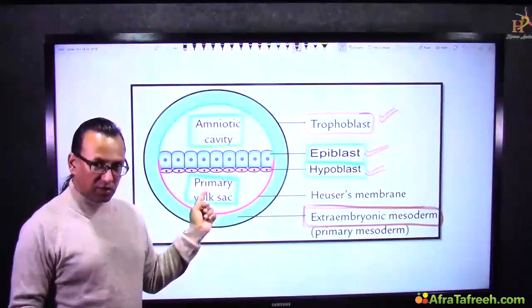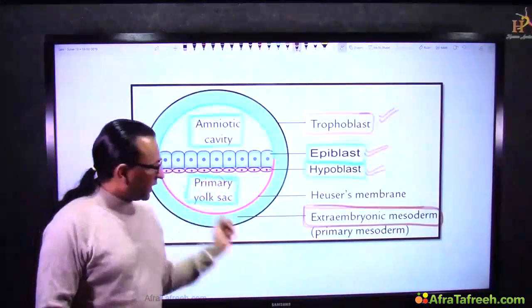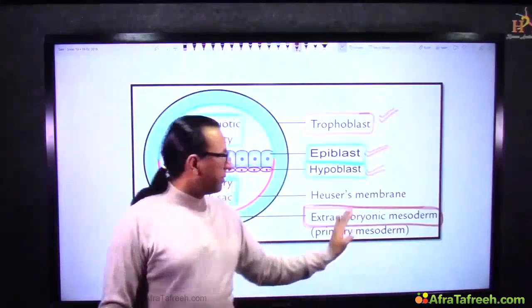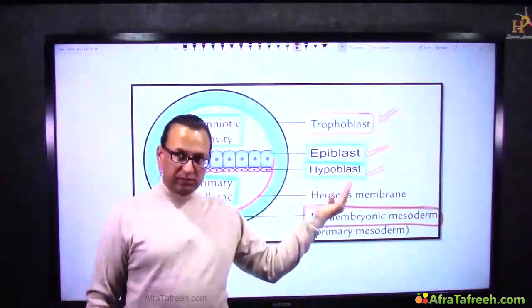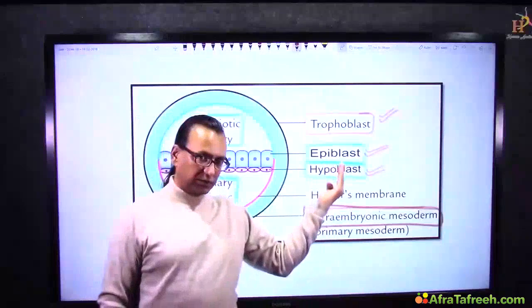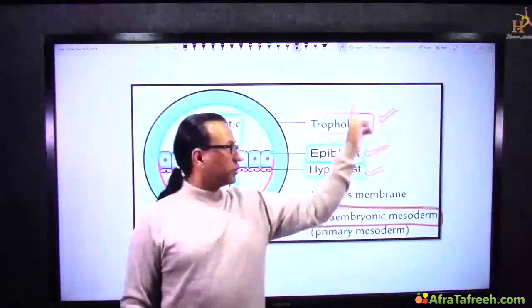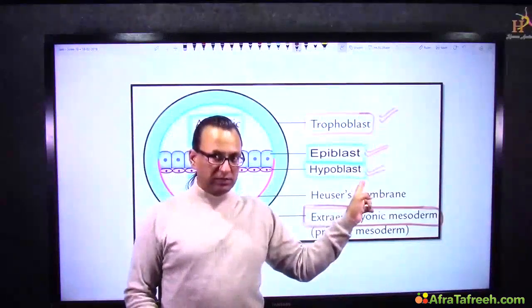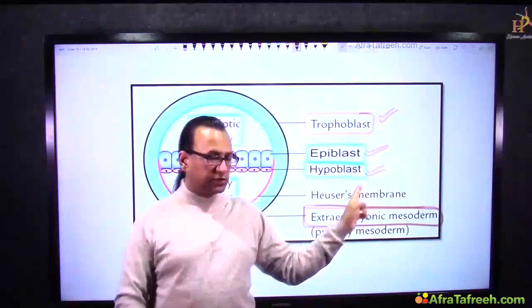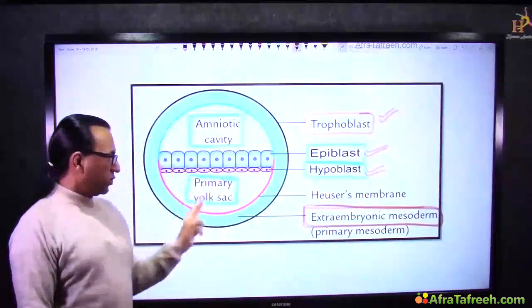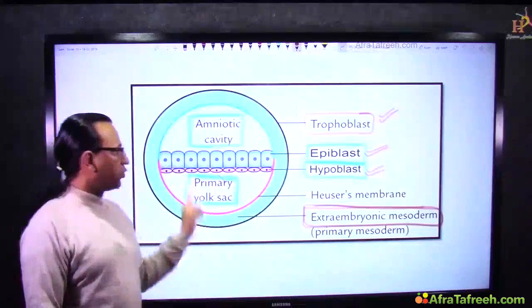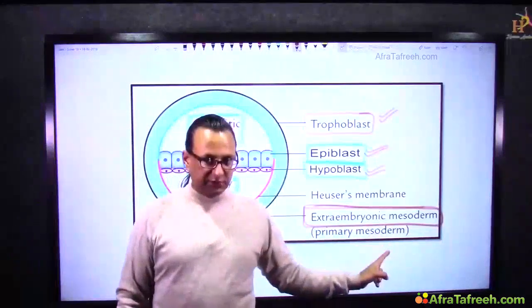And if it is not in the option, then you say extraembryonic mesoderm is coming from the hypoblast or epiblast or trophoblast. So any of the three could be the answer. But the very first answer you should take is primary yolk sac. So primary yolk sac is going to form extraembryonic mesoderm. Yes, that's what you remember.